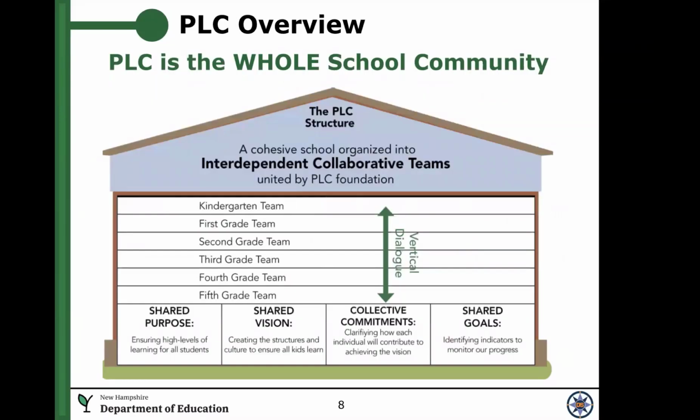PLC is a whole school community. It is not just my students and your students, me and my classroom, you and yours. It's not even just my third grade team that I'm working on. It is a whole school community. And we want to really focus on having that sort of shared purpose and vision for what we want our students to be doing at each grade level and throughout the grade levels.